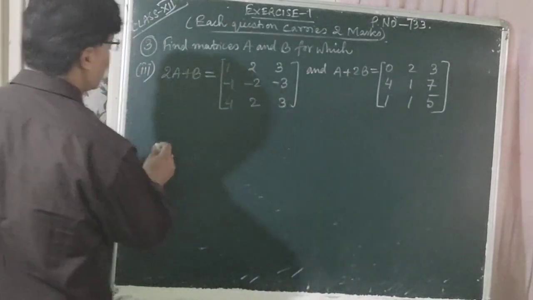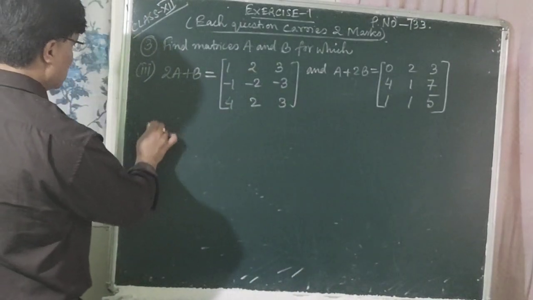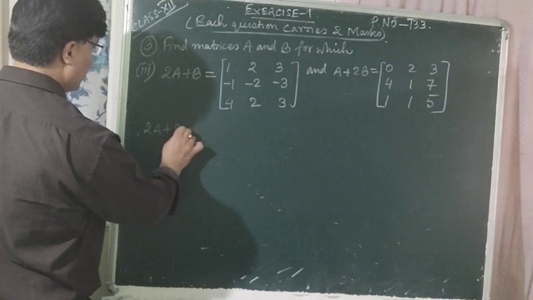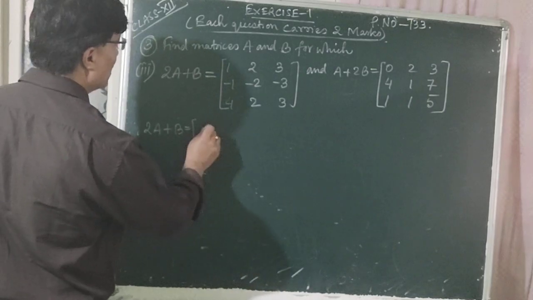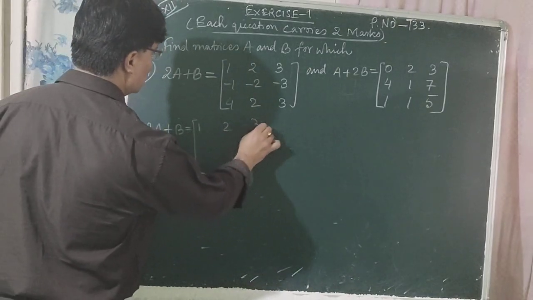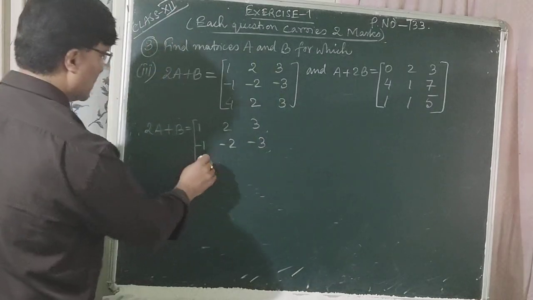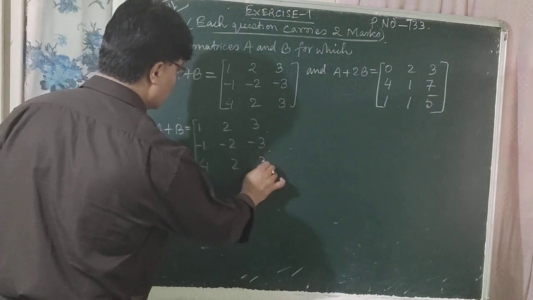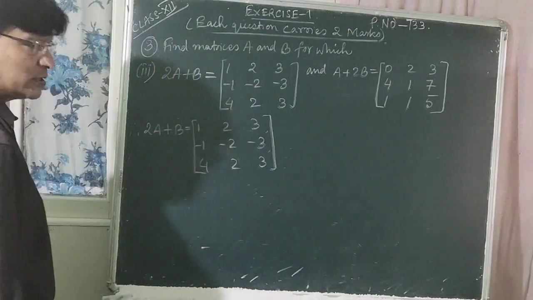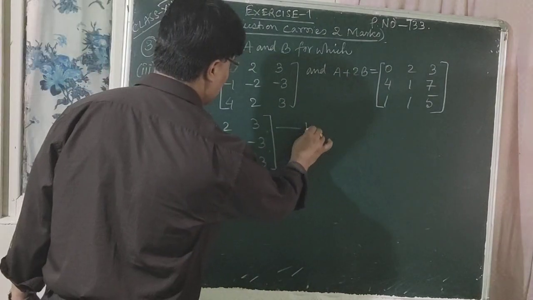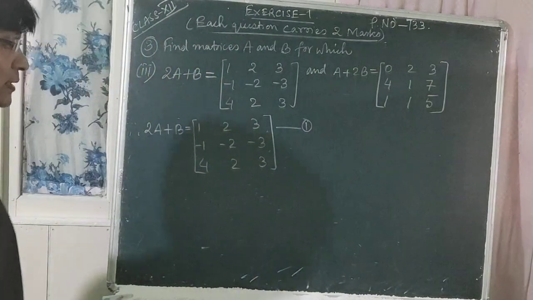So what is the first equation here? It is 2A plus B is equal to 1, 2, 3, minus 1, minus 2, minus 3, and 4, 2, 3. This is the first given equation. Let us mark it as equation number 1.